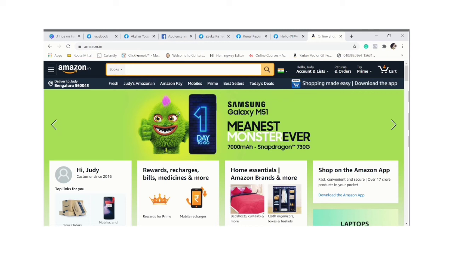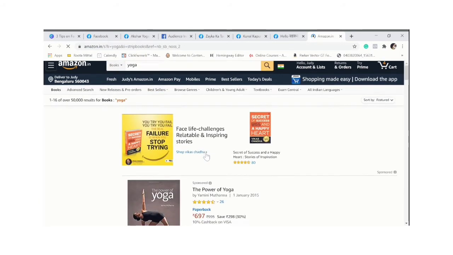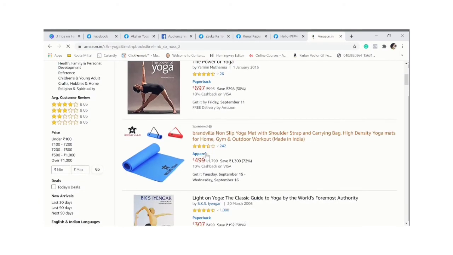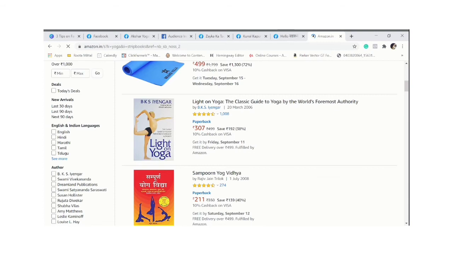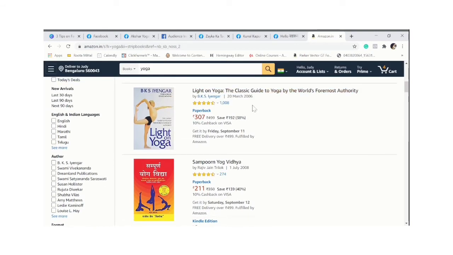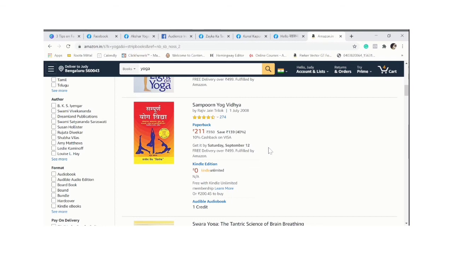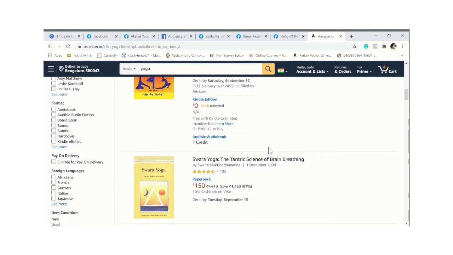Now, if I were to categorize, let's say yoga, and this Power of Yoga, Light on Yoga. Not bad, but BKS Iyengar, I haven't heard of it. The whole relevance is that you should be able to identify them even on Facebook.